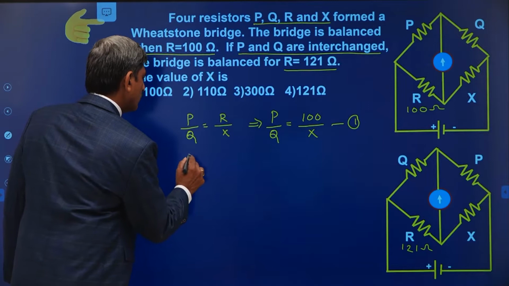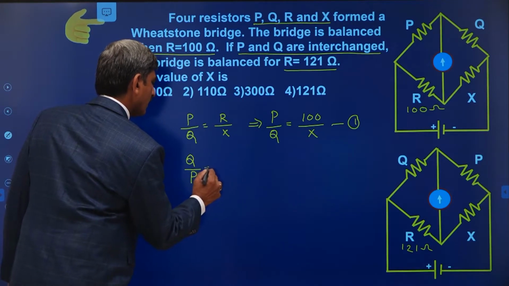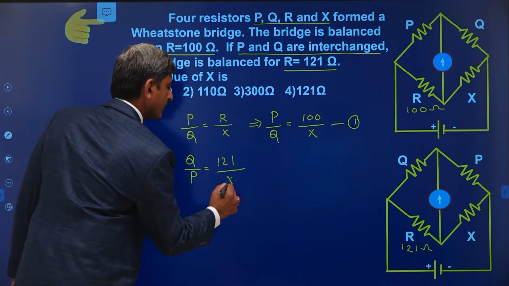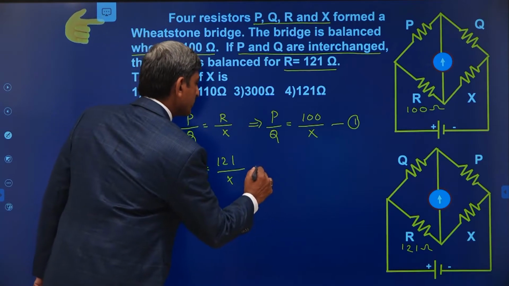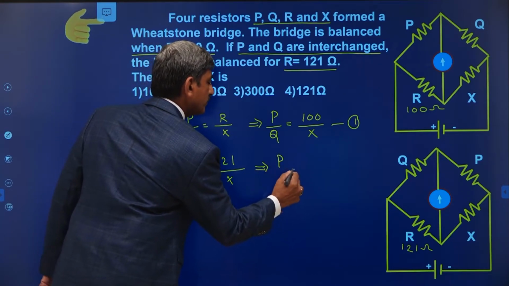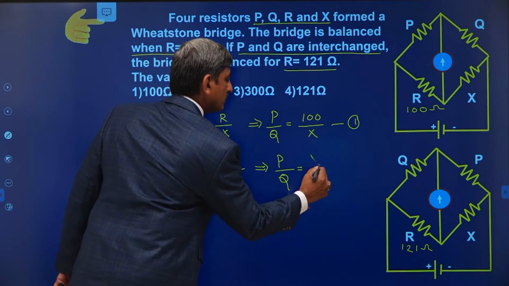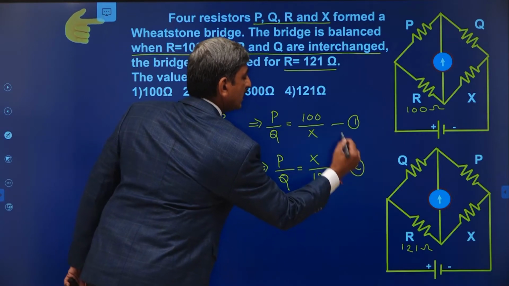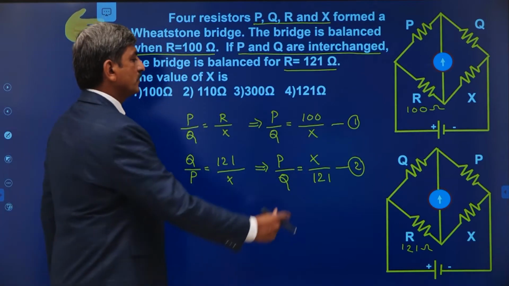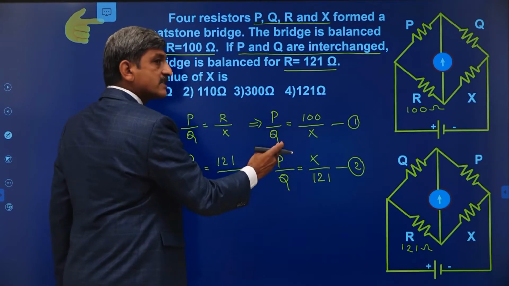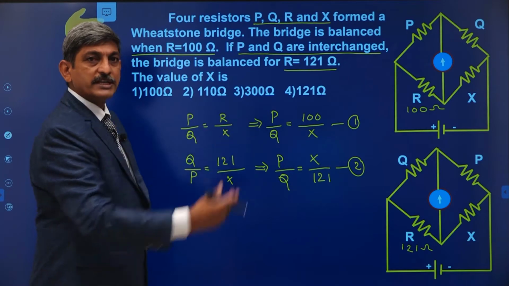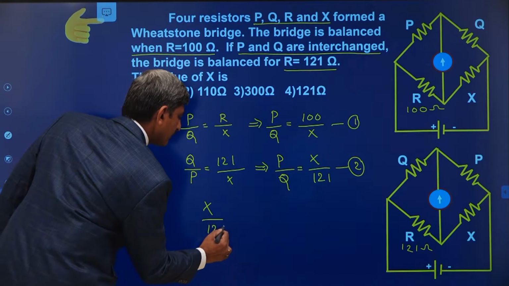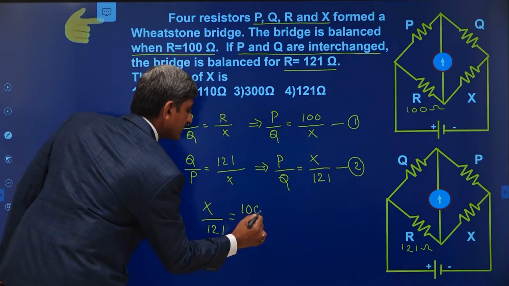It becomes Q by P is equal to 121 by X. By taking the reciprocals, we can write it as P by Q is equal to X by 121. Let it be equation number 2. From equations 1 and 2, the left hand side is the same, so we can equate the right hand sides also. From that we have X by 121 is equal to 100 by X.